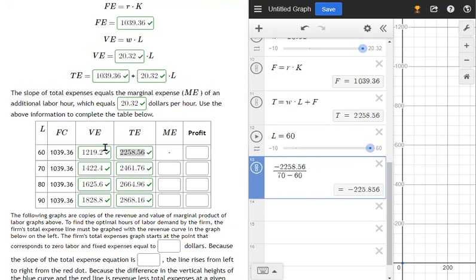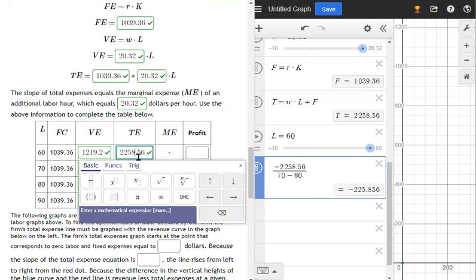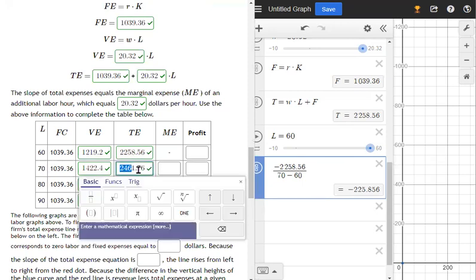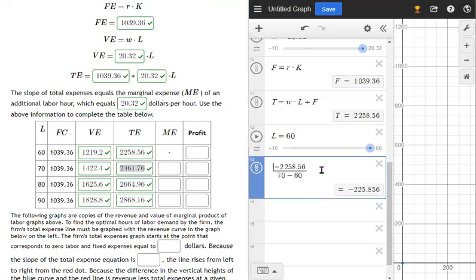So if we go from 60 to 70 hours of labor, this difference down here is 10. Then at 70 hours of labor, we're going to have a total expense equal to $2,461.76. So our marginal expense is 20.32.